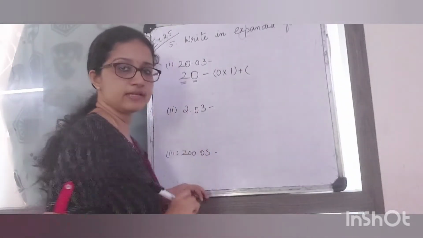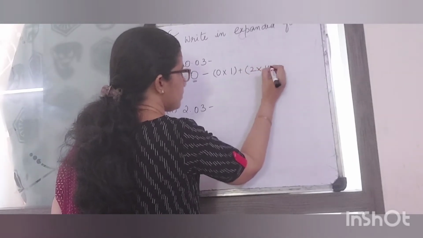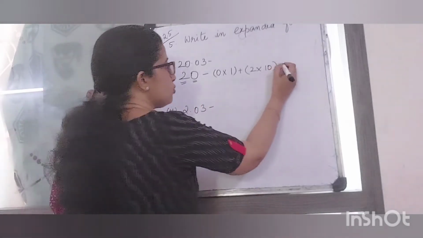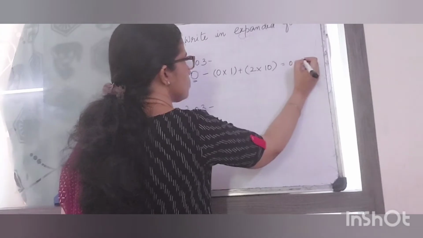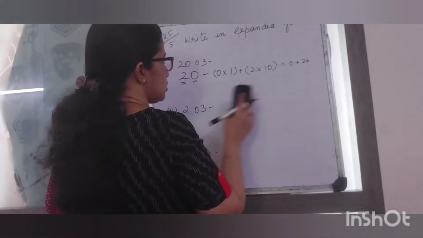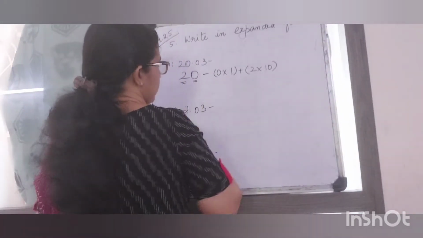This is the tens place, correct? Plus 2 into 10. This is how we expand 20. 0 into 1 is 0, plus 2 into 10 is 20, which is equal to 20, which is the question. So this is how we expand a whole number.